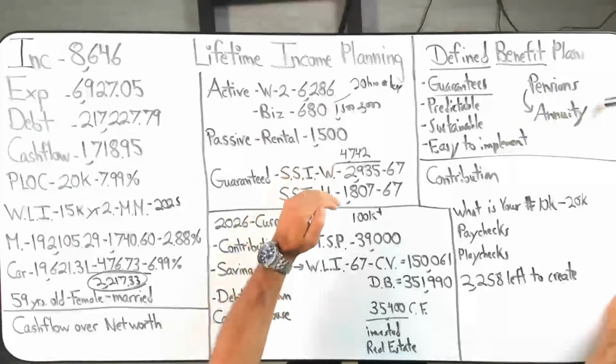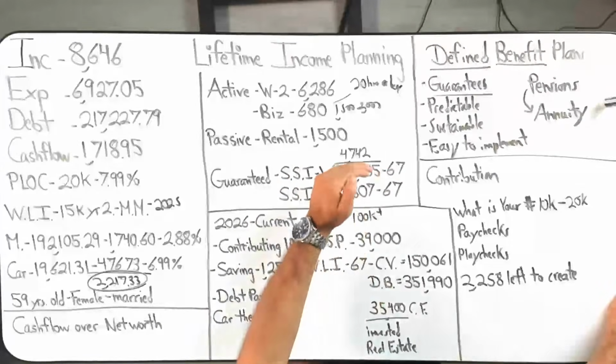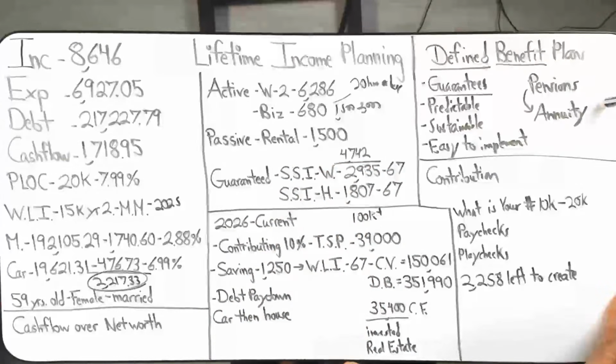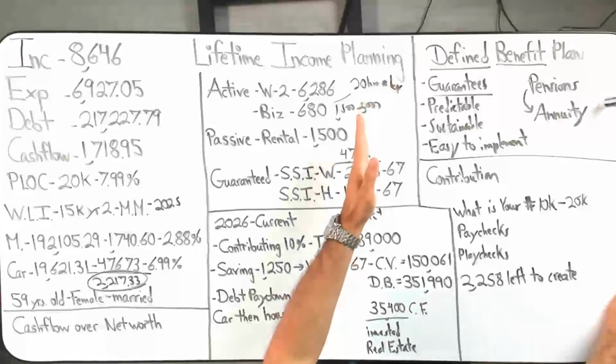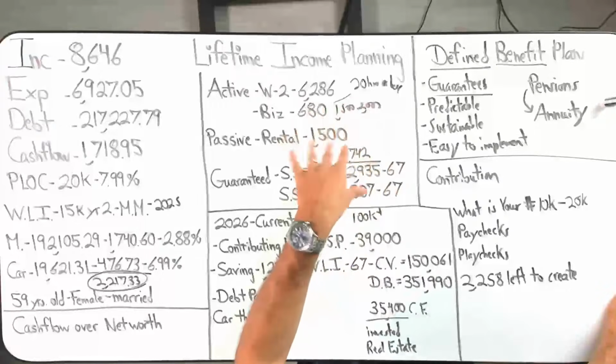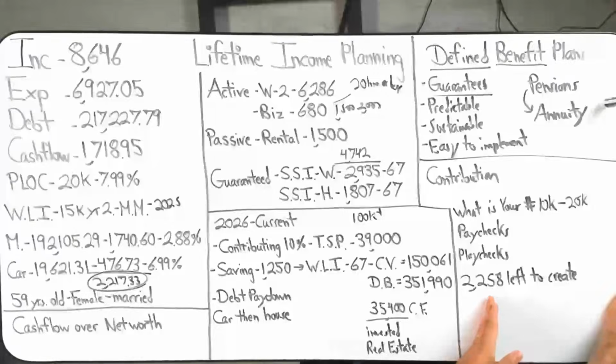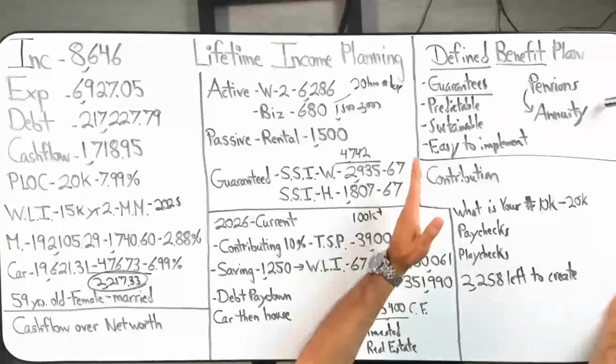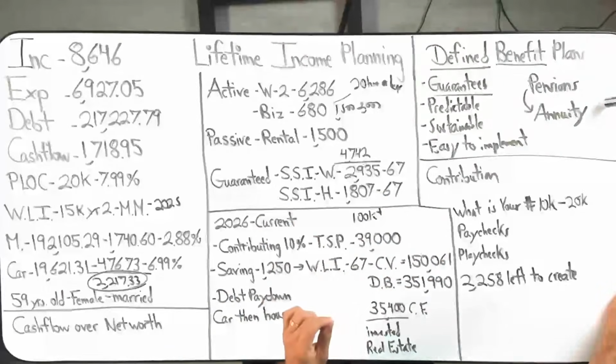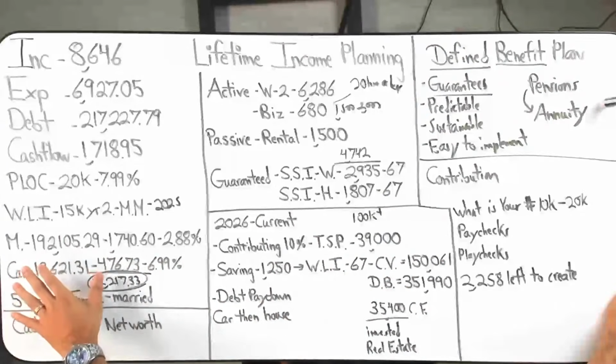And between husband and wife at age 67, you'll have 4,742 of Social Security income. So at 67, it was that 7,700 number. You're short 2,258.